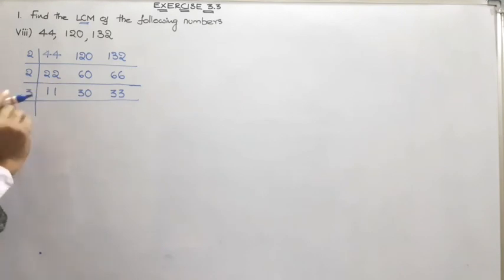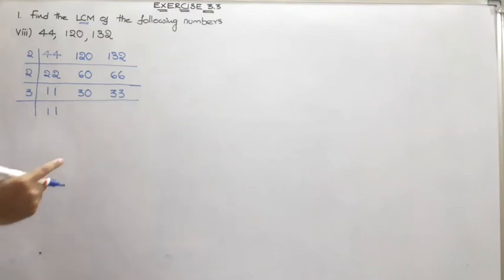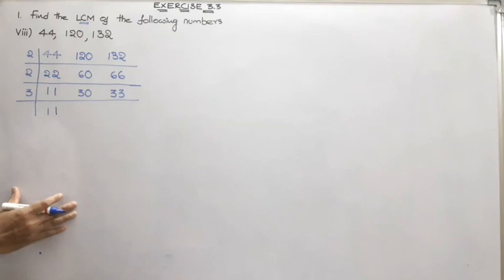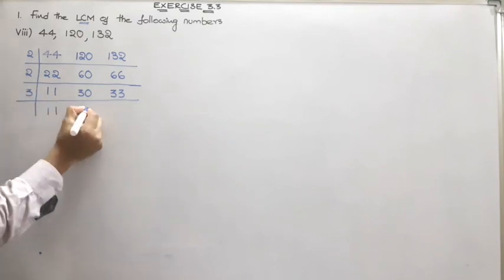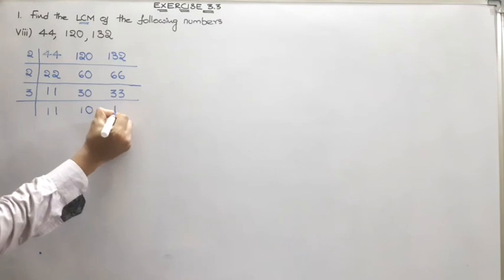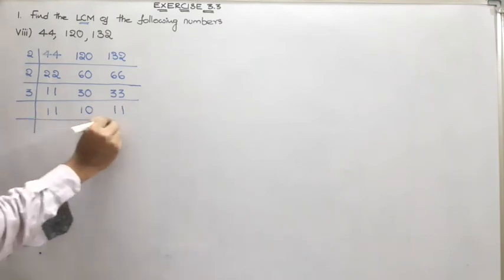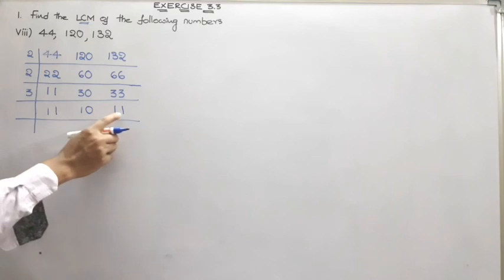In that case, drop the number which is not divisible as it is. Since 11 is not divisible by 3, I am just keeping 11 as it is. Now 3 how many times is 30? 10 times. And 11 times is 33. Now we have the new numbers as 11, 10 and 11.